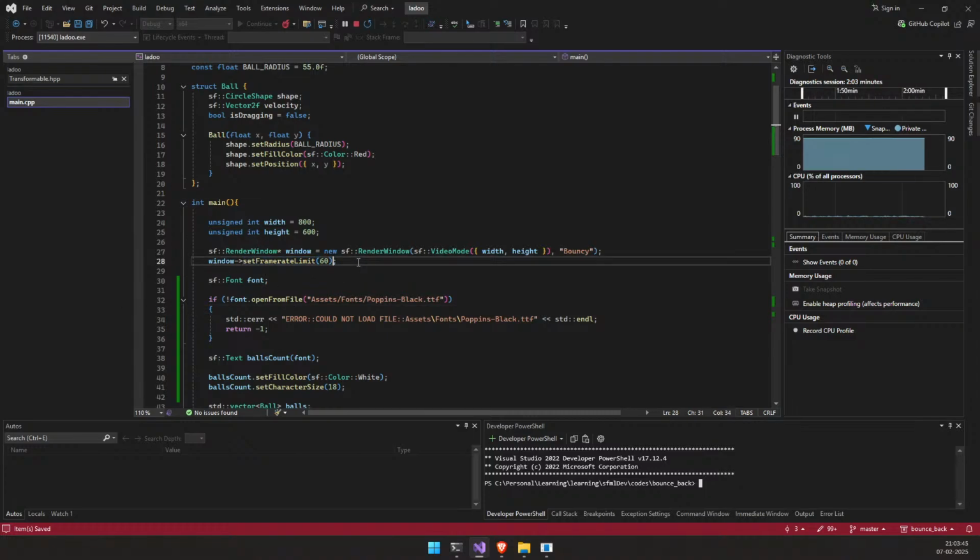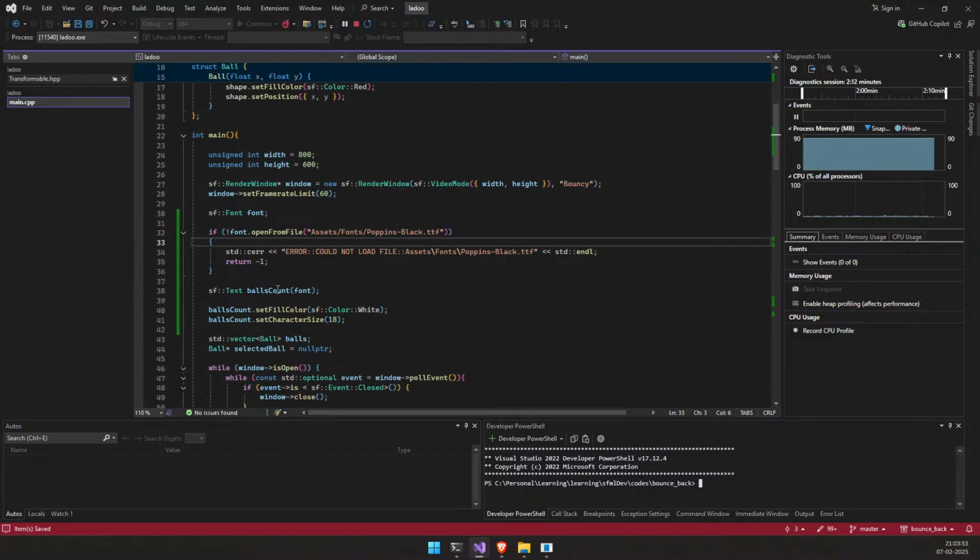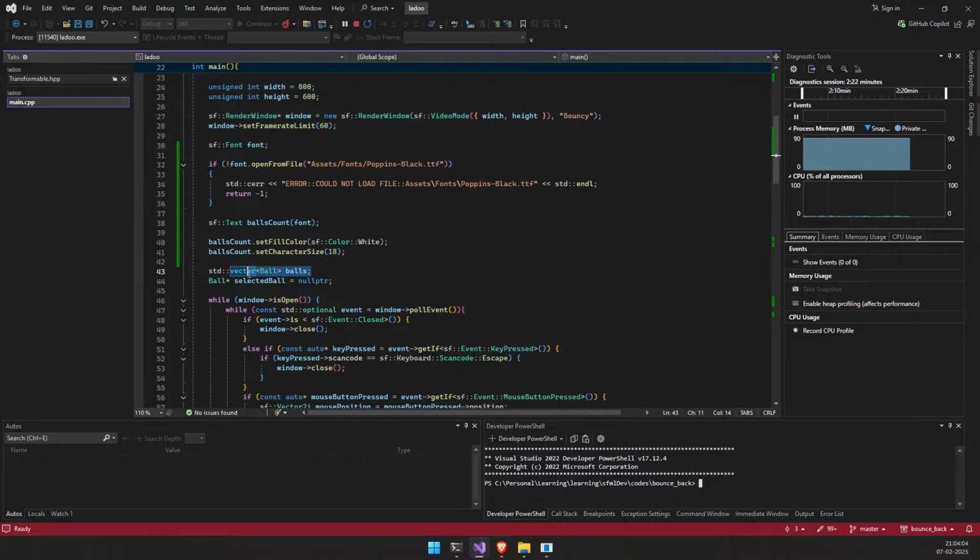Then setting up the frame limits. This is the fonts, setting fonts. I downloaded this from Google Fonts. Then I created a text. Text requires a font, so I had to add that. Then the balls count, fill color and characters. This is the font size, you can say. Then this is the ball vector that will hold all the balls that I create.